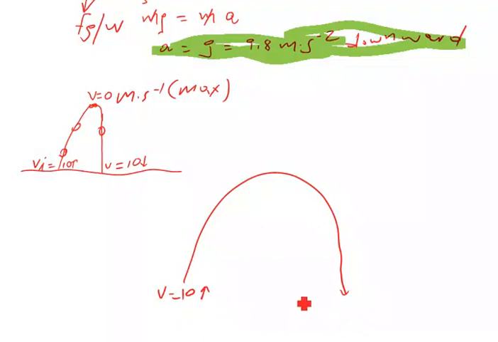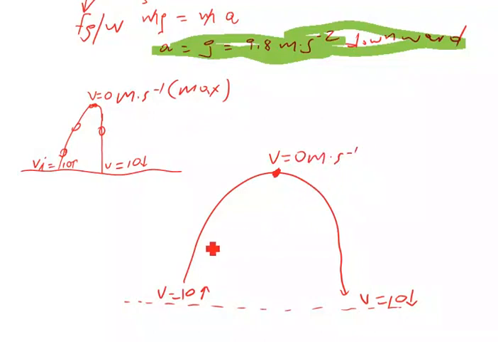Then the velocity when it reaches the same point will be 10, but in this case it is moving downwards. Then here is the maximum point. Once you see the term maximum, you must know that the velocity there is equal to 0 meters per second.